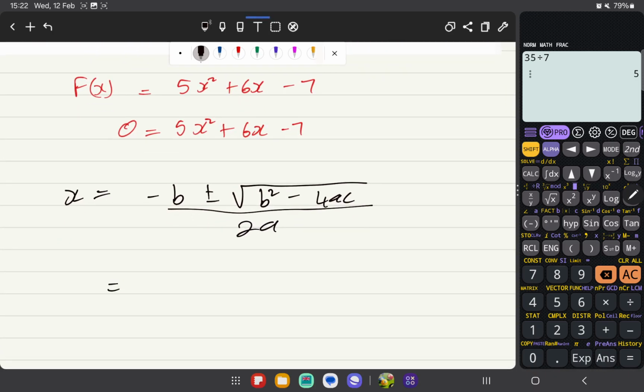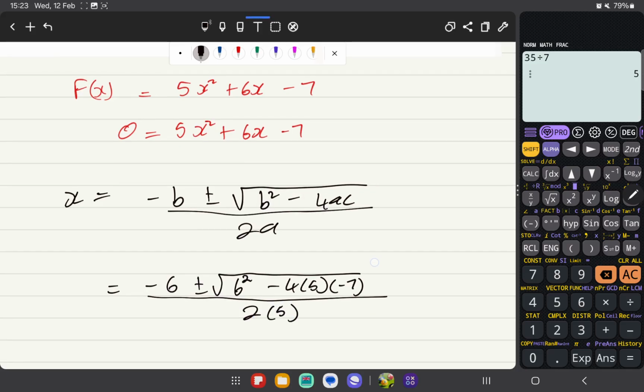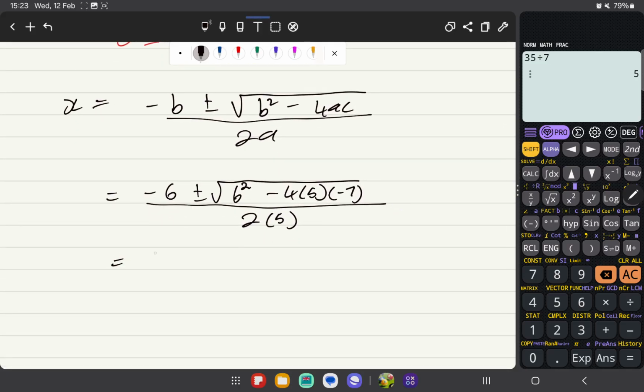So you're just gonna take that. It's gonna be minus 6 plus or minus square root of 6 squared minus 4 into 5 into minus 7, and divided by 2 into 5. You end up having what?